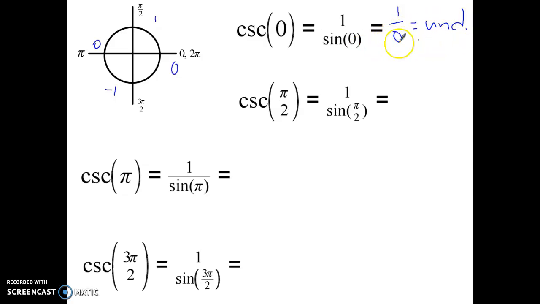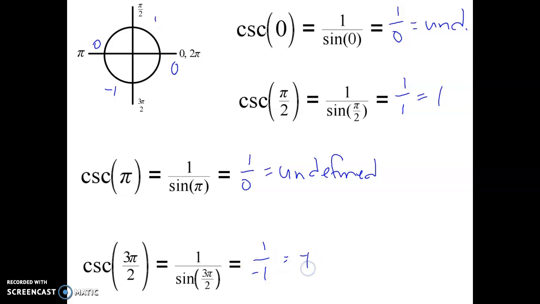So you're going to see an asymptote here. 1 over 1 is 1, so the graphs are going to match here. Moving around to pi, I'm going to get 1 over 0, which is undefined, so I'm going to have an asymptote again. And then at 3 pi over 2, that's going to be 1 over -1, which is -1. So they're going to match at that point as well.